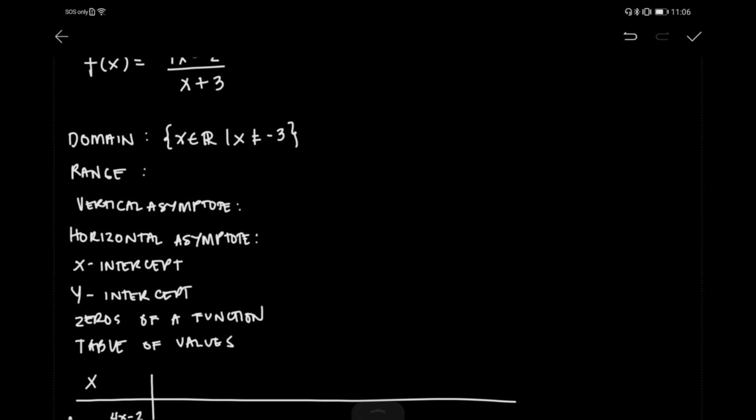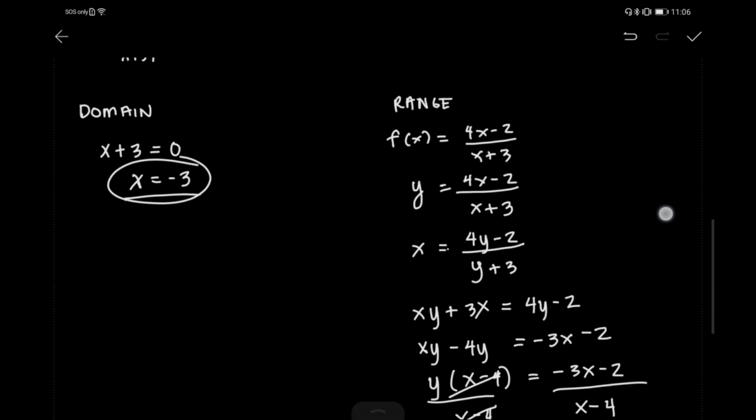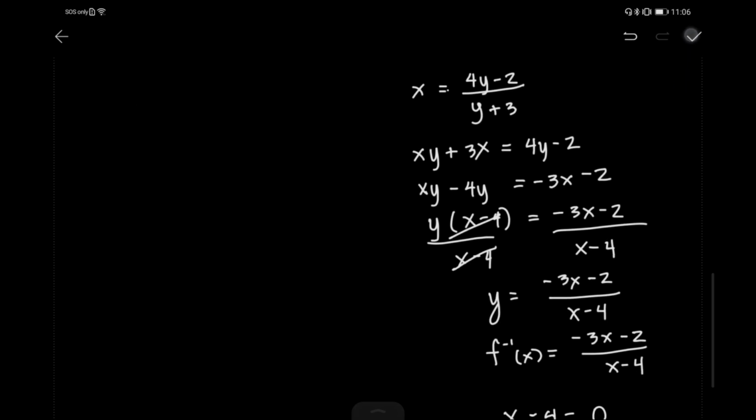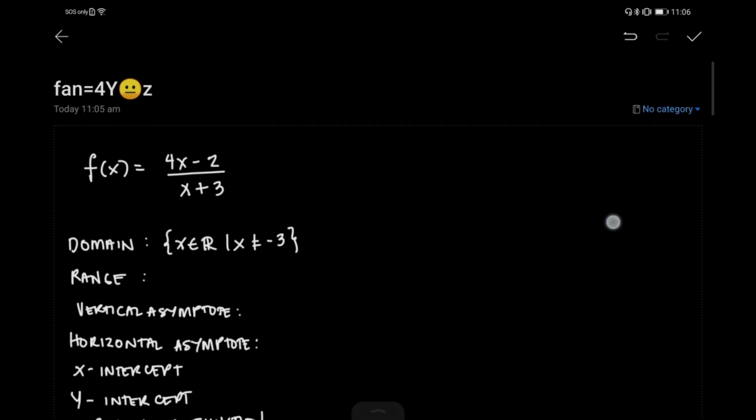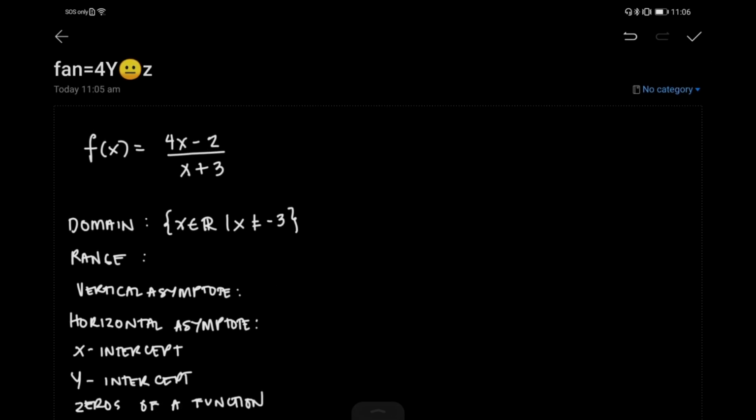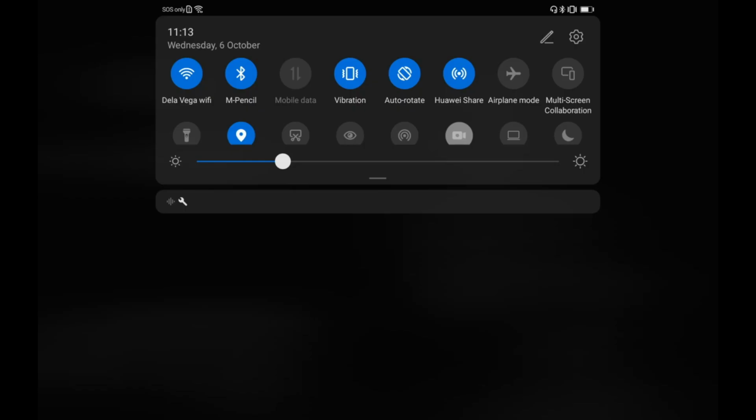At yung range naman natin, so nakuha natin range kanina is positive 4. So, yung x natin dito na tinutukoy is yung y value kasi nga inverse function yun, di ba? So this is y is an element of all real number such that the value of our y must not equal to positive 4. So ito na ngayon yung ating domain at range.